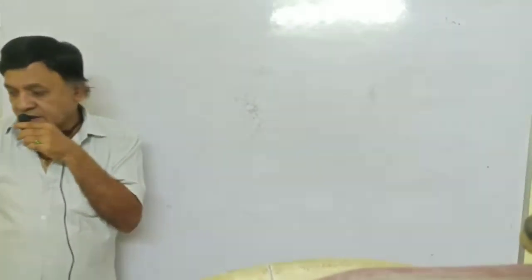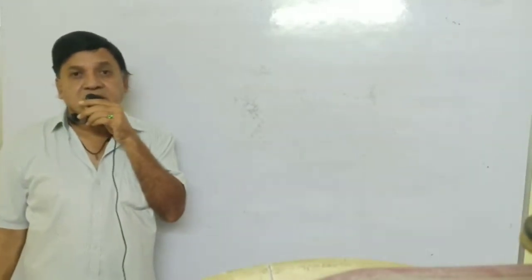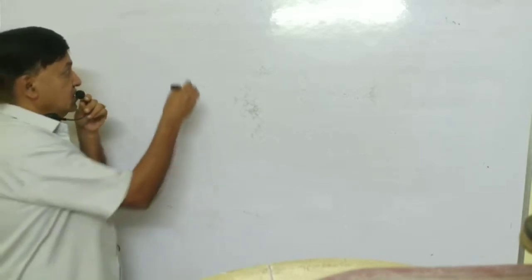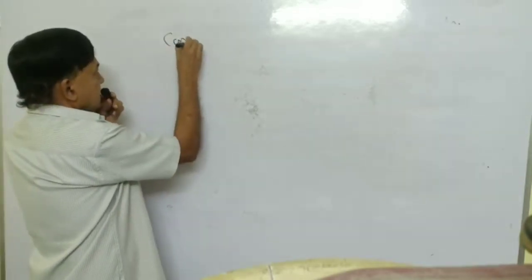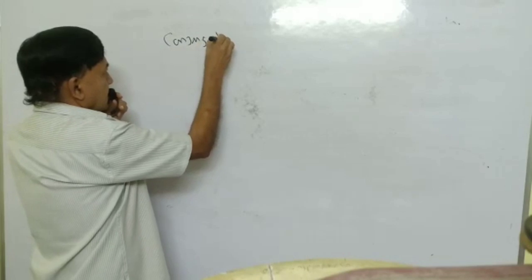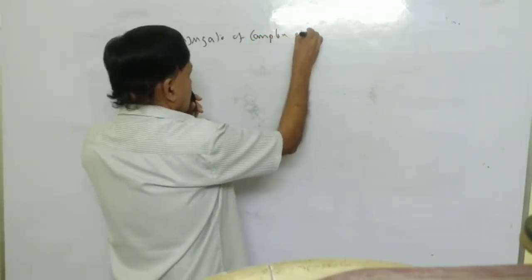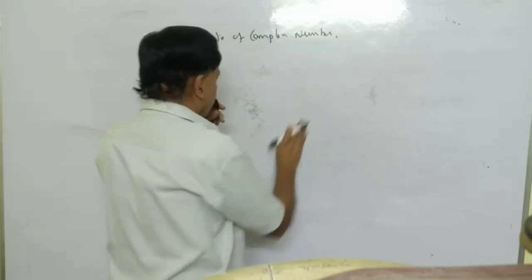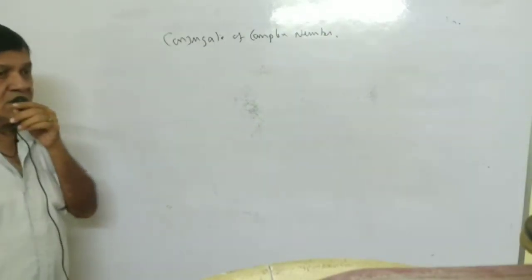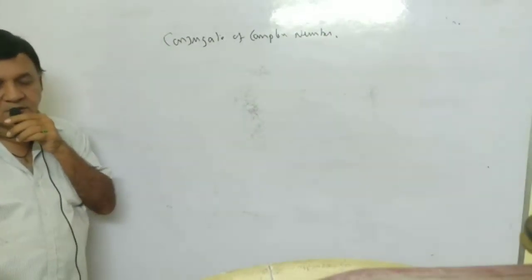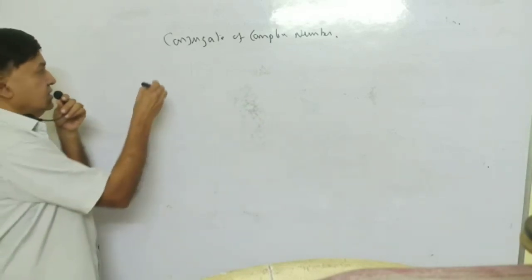The next definition is the conjugate of a complex number. See, we define the conjugate of a complex number like this.